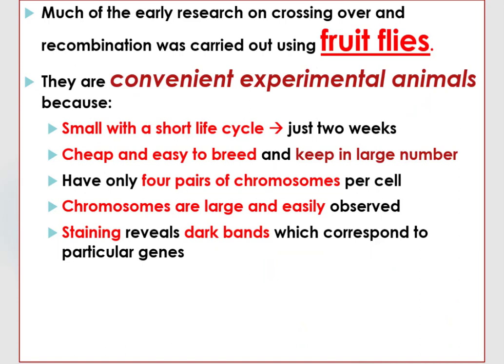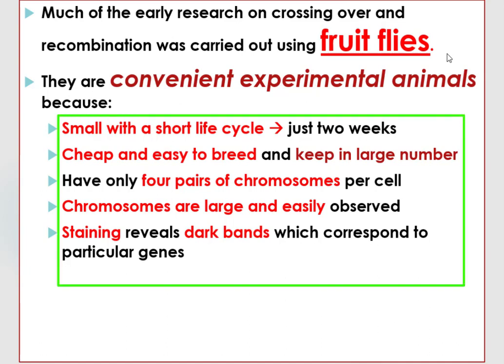Much of the early research on crossing over and recombination was carried out using fruit flies. Why were fruit flies selected as convenient experimental animals? Because fruit flies, or Drosophila melanogaster, are small with a short life cycle. They live just about 2 weeks.